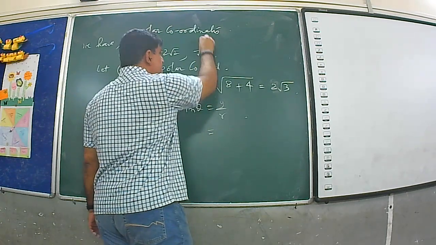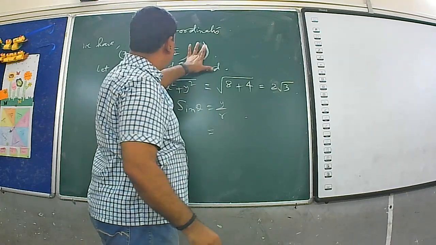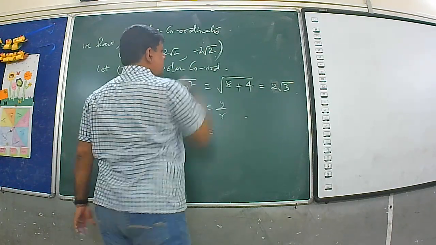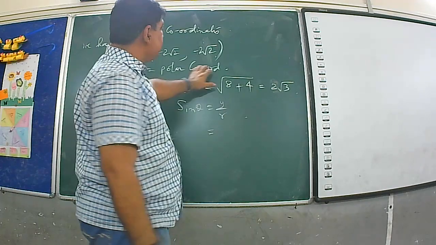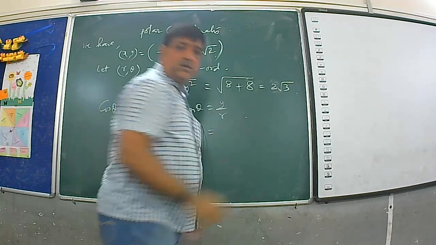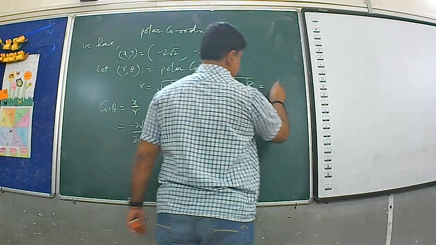Say the coordinates are minus 2 root 2 comma minus 2 root 2. So now for the value of r, you will get 8 plus 8, that is 16, and you will get the answer as 4.